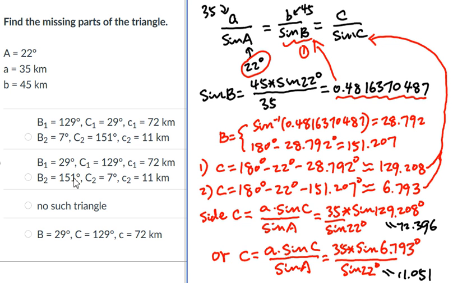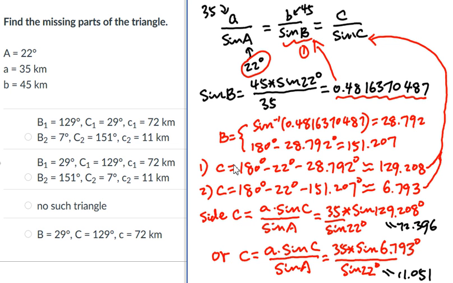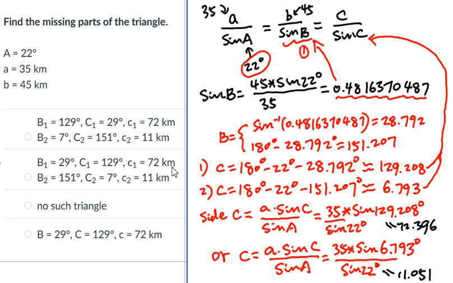That's one of the possibilities. And then C, 129.6. So you see, rounded up, 7 rounded up. Then you have 72 from here, and here is 11. So this would be our correct choice. All right. I'll see you next time.